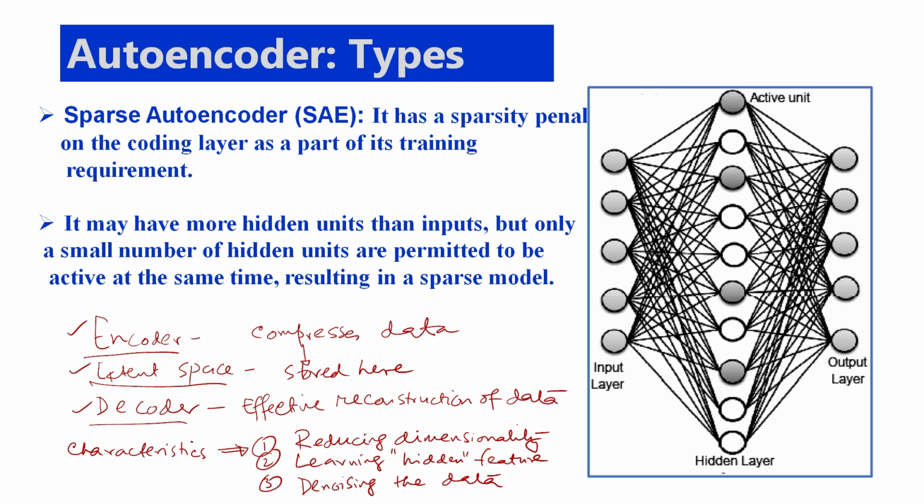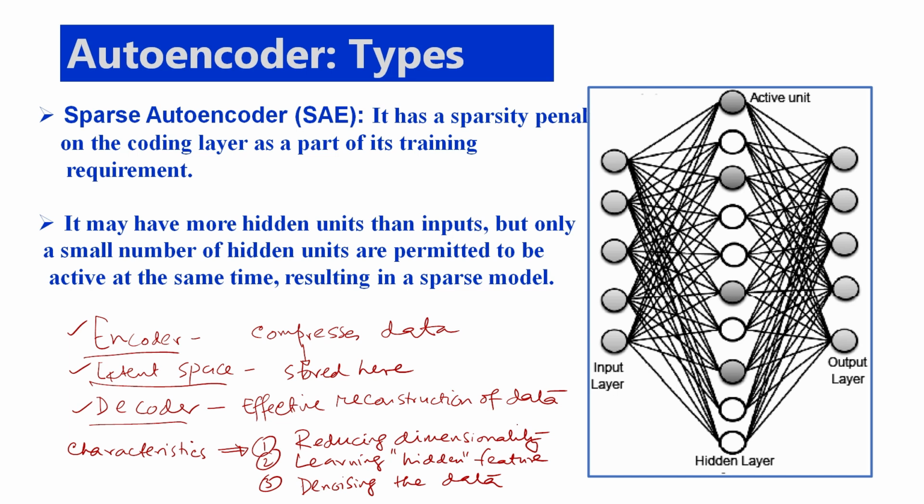So, it can have many hidden units, but at any time only a small number of hidden units are active. You can activate a small number of hidden units at a particular time, and that will impose the sparsity penalty, and that is very important because they are widely used in applications like image processing and other things.